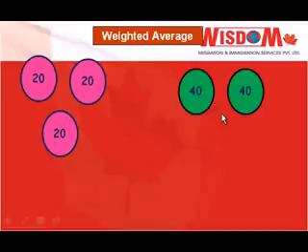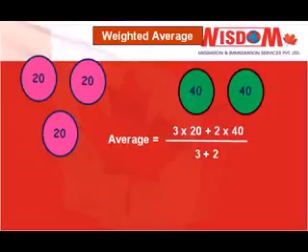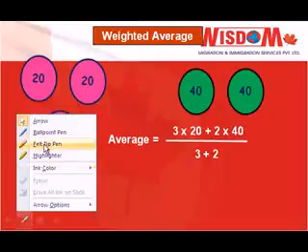Hence your total sum would be 20 times 3 and 40 times 2. Then dividing it by 3 plus 2. So I can calculate the weighted average as 3 times 20 plus 2 times 40, divided by 3 plus 2. Now let me take a quick recap here again so that I can show you.